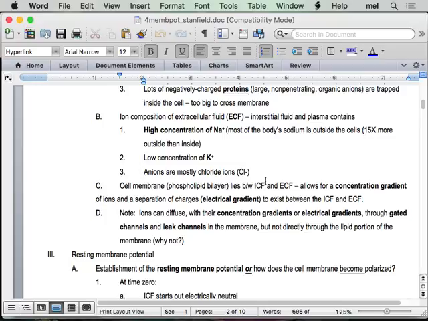A phospholipid bilayer exists between them, and that's how we can maintain the concentration gradients. Now we know that ions can and will move down their electrical gradients or their chemical concentration gradients. They can't move directly through the lipid portion of the cell membrane, but they can move through a channel or even a carrier if they needed to.